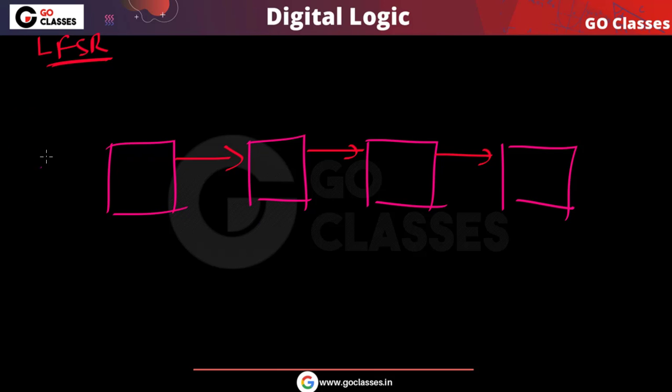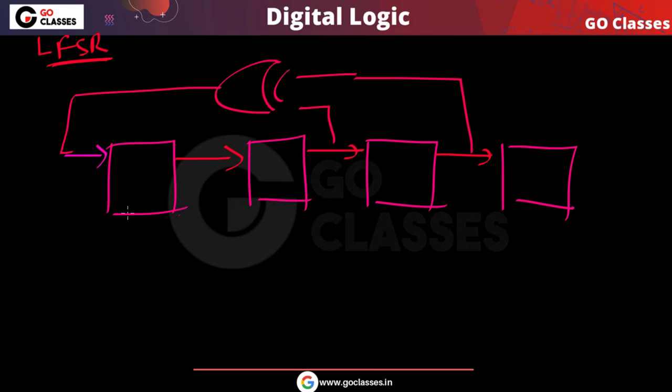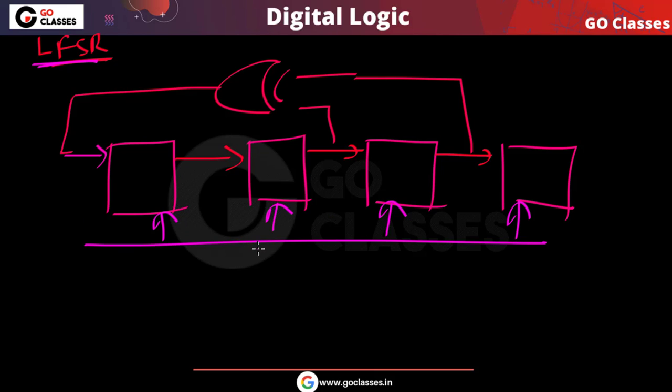The serial in is an exclusive OR of some of the outputs. For example, I can take this and maybe this, put their exclusive OR, and connect it here. So this is also your LFSR, linear feedback shift register.